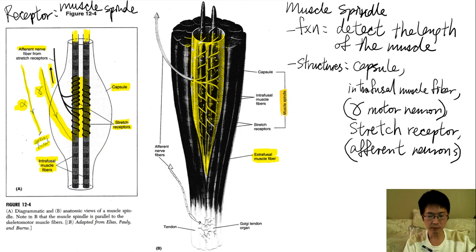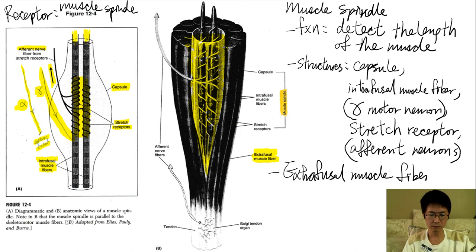So let me give you more lecture notes. For the extrafusal muscle fiber, you have the alpha motor neuron, and something very interesting is this arrow here.